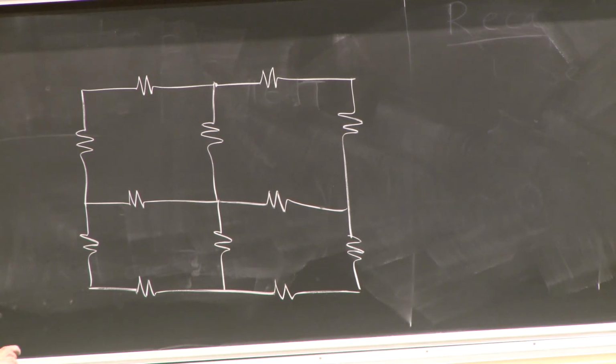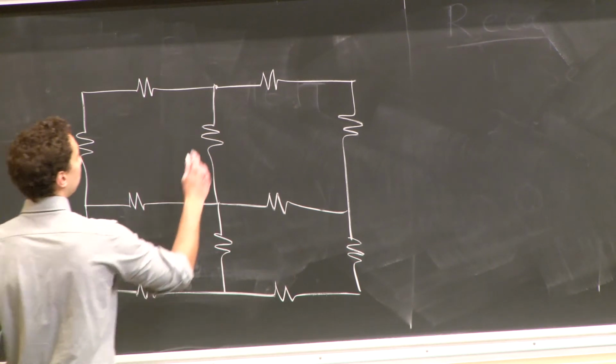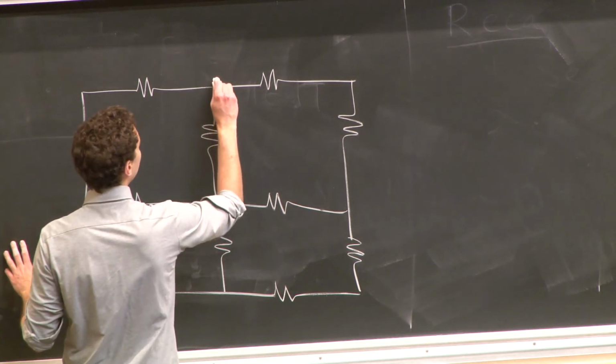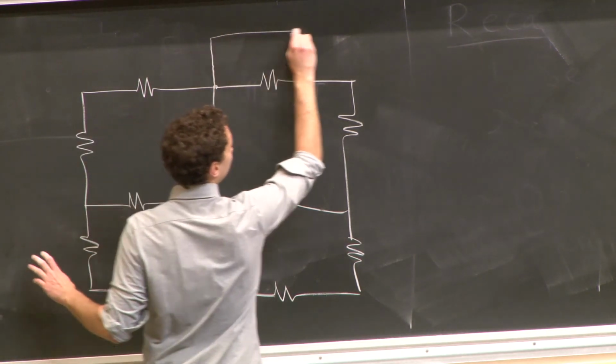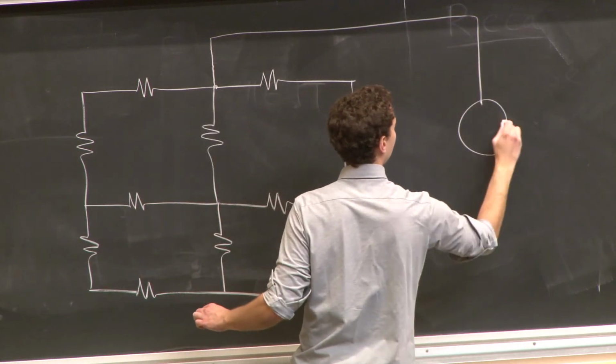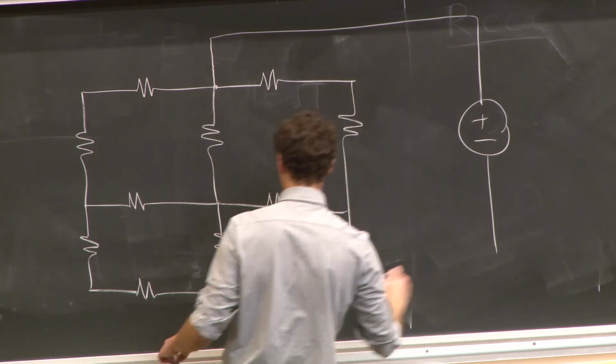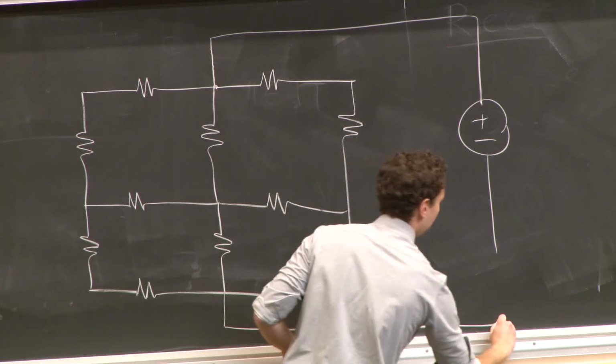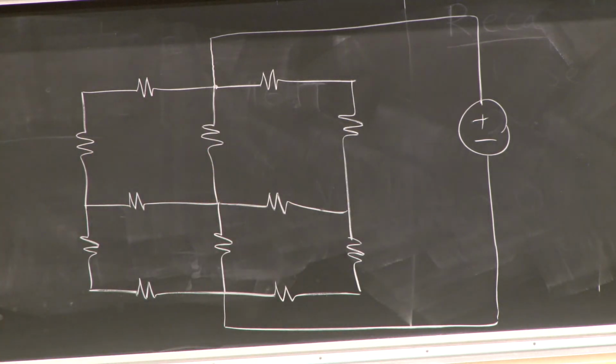And let's do the same thing that we did before. Let's apply a potential in one direction, and then my voltage measurement will be wherever I make the touch, okay?